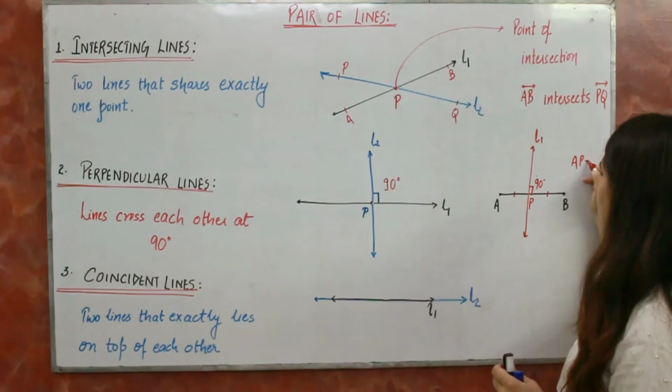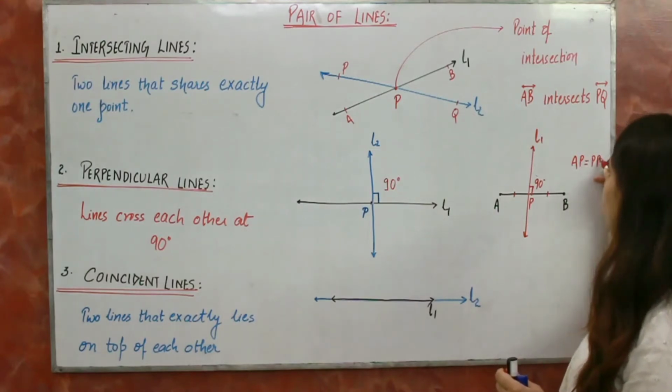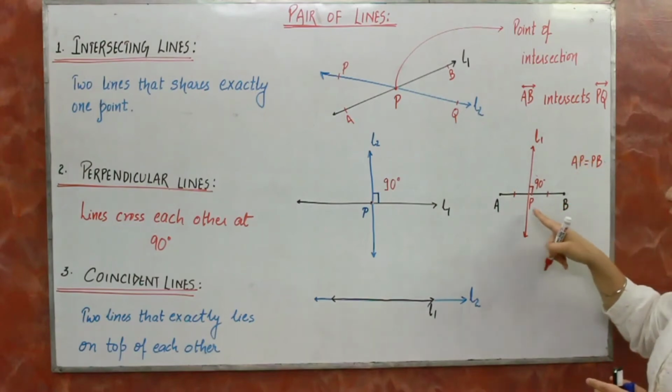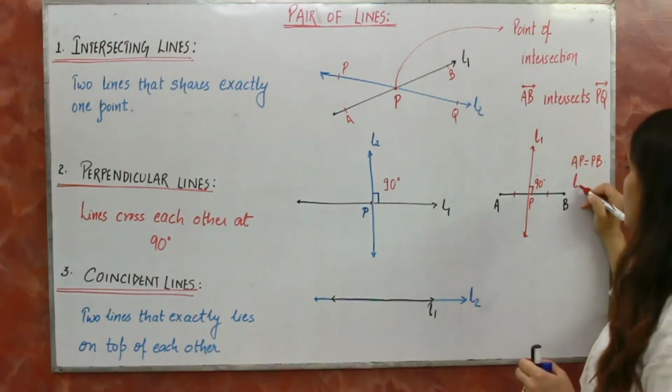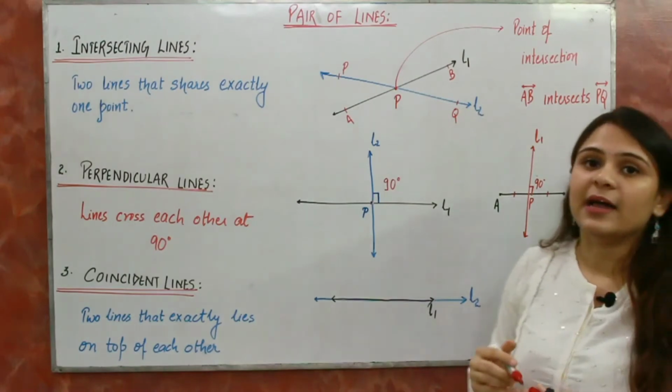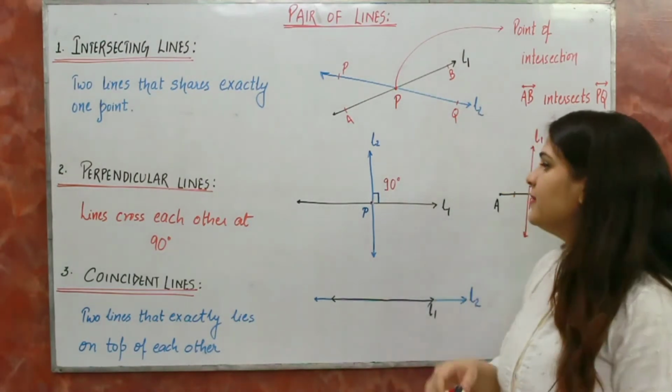If AP is equal to PB, and also if line L1 is perpendicular to AB, then line L1 is a perpendicular bisector.